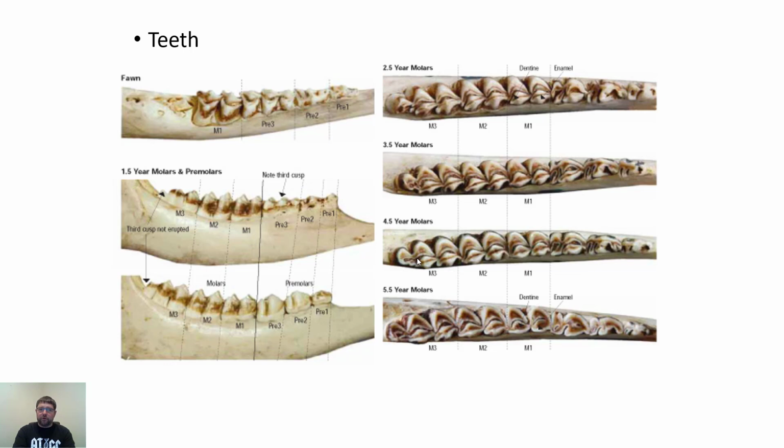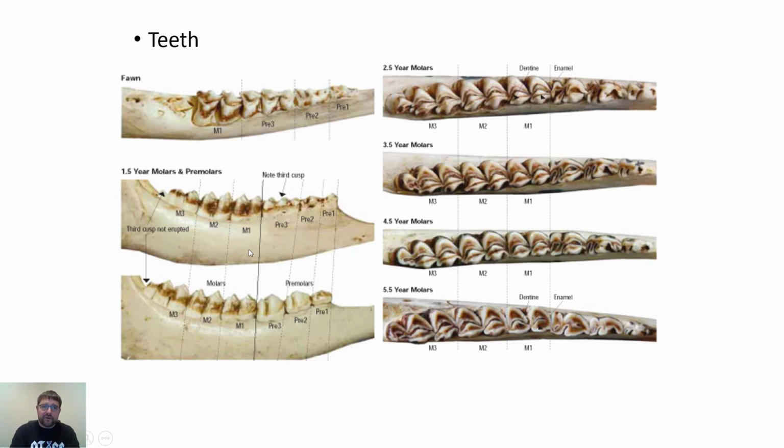Now, some of you are probably fairly familiar with aging deer, elk, ungulates, this kind of thing, by using their teeth. Now, this is a good technique as long as you know something about that organism, that organism's diet, and where that organism is spending the majority of its time.